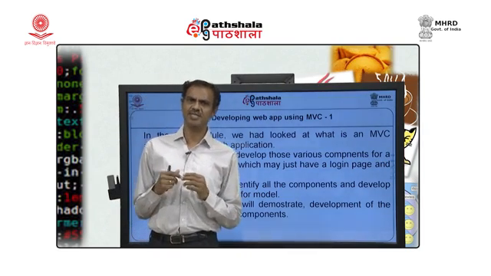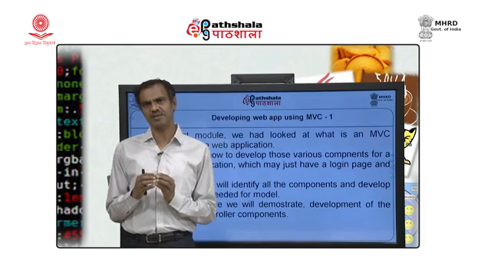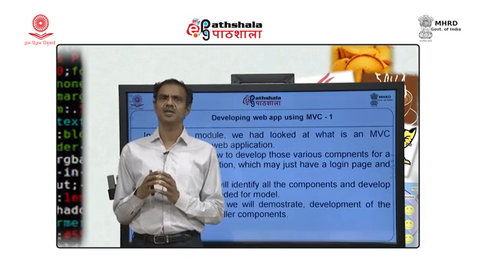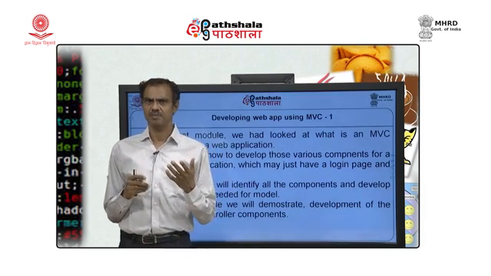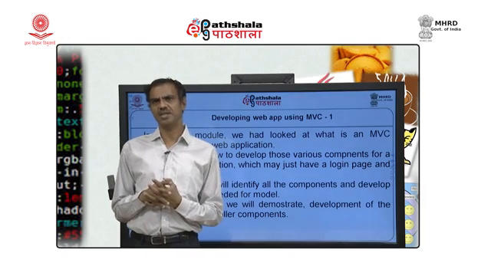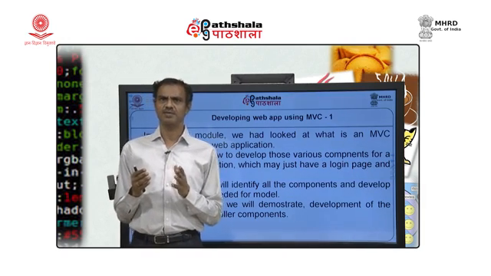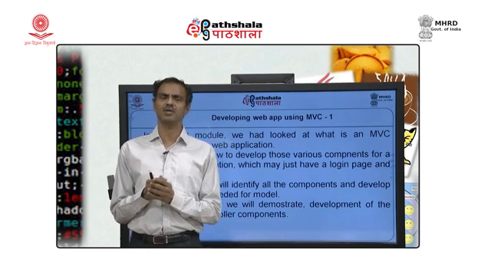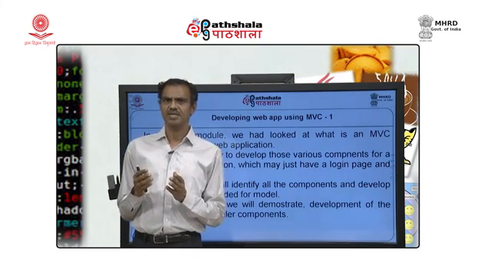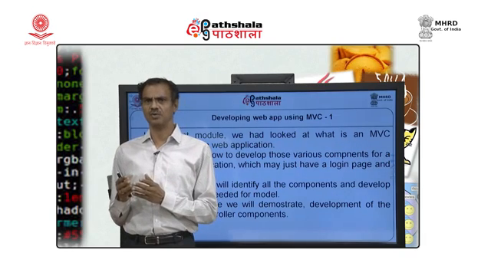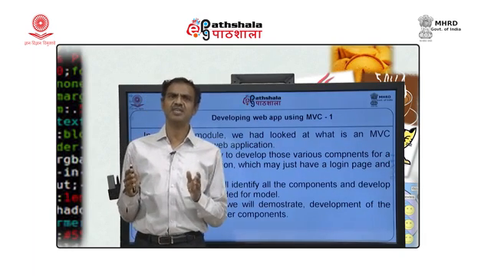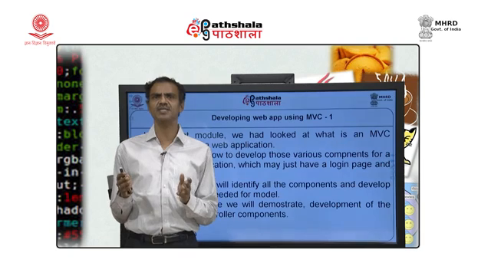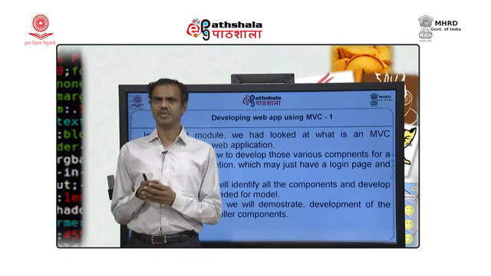We had seen that when we use MVC for web applications, we will have bean components which are used as model. We will have business components which can be part of the model. We can have servlets going as the controller, and JSPs which are going to be used as the view components.